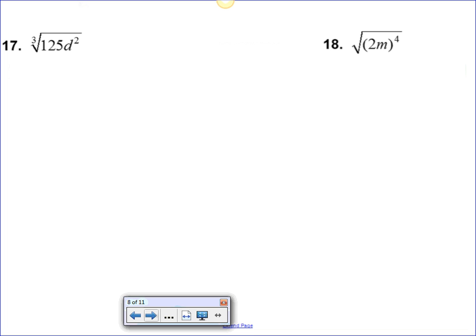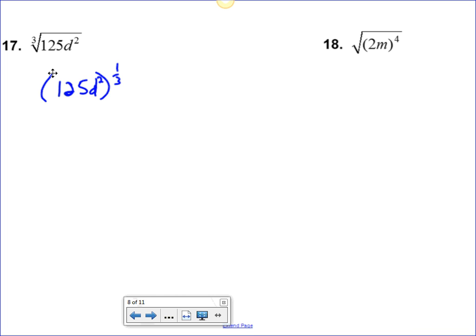Okay, next one. See if you can figure out what this one would be. So this one here would be this. I've got 125d squared to the 1/3 power.